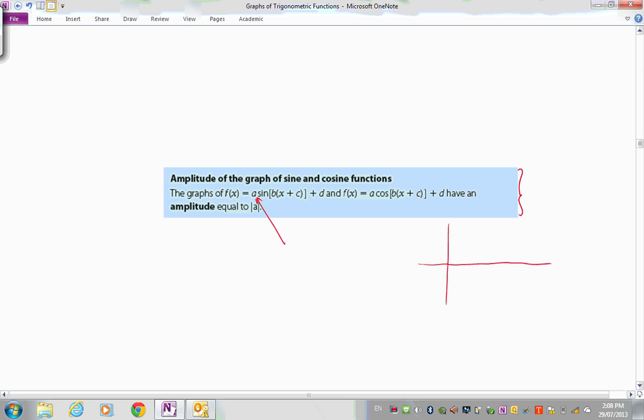If I say there's sine x, and I'm going to draw neg 3 sine x, there's two things here. Let's do this properly. There's sine x, and neg sine x would reflect it in the x-axis, and then the 3 is going to make it go up to 3 and down to neg 3.